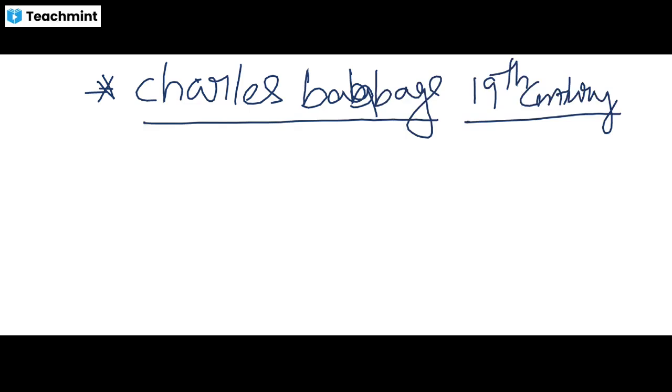So here, let us see what is the definition of the computer. Computer యొక్క definition ఏంటి? What is the definition of computer? It is an electronic device which takes input data and processes the data, finally produces or generates the output in a required format.